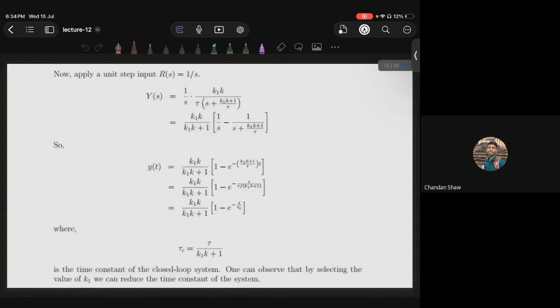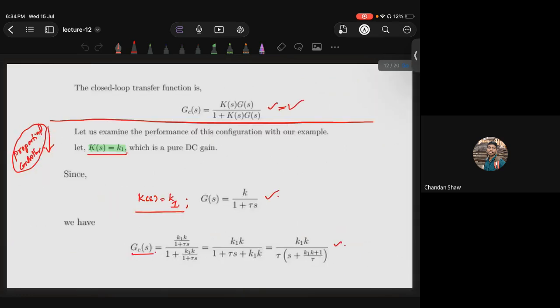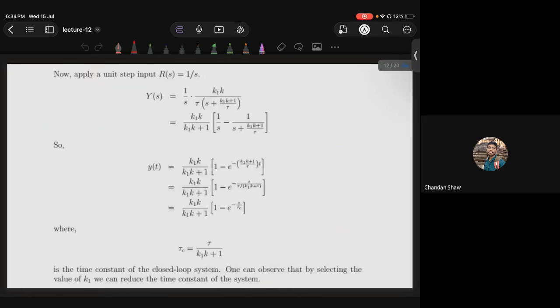So now you can see, GC of S is nothing but what? Y of S by R of S. Am I correct? What is Y of S? Y of S is nothing but GC of S multiplied by R of S. So now let us say R of S is 1 by S. This is the expression for GC of S. Substitute them and divide into partial fractions.